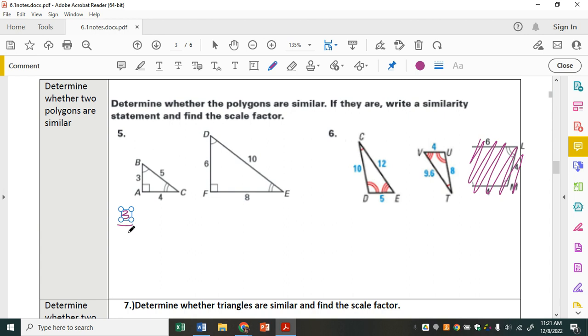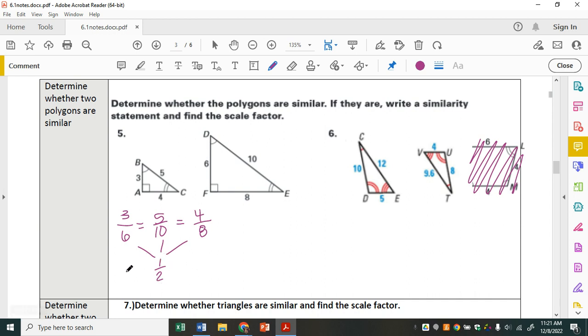Okay, so on number 5, side AB corresponds to side DF, so we would have 3/6. Side BC corresponds to side DE, so we'd have 5/10. And side AC corresponds to side FE, so we'd have 4/8. All of these are going to end up reducing to just 1/2.